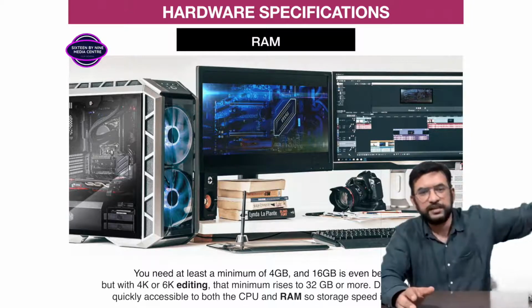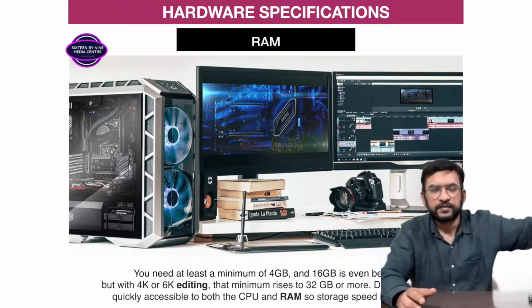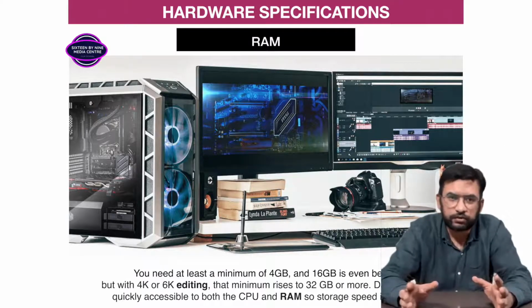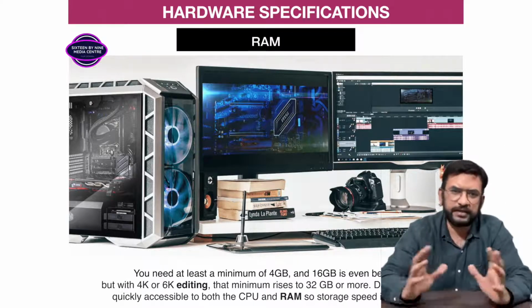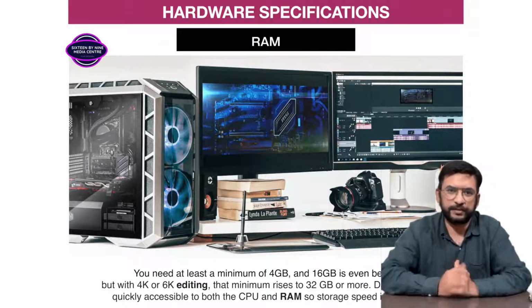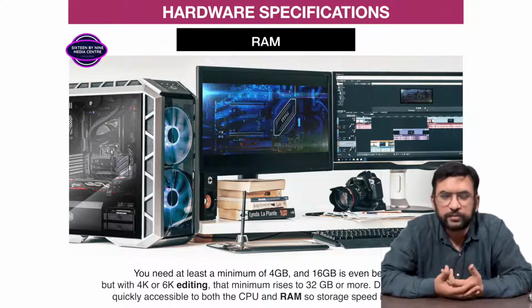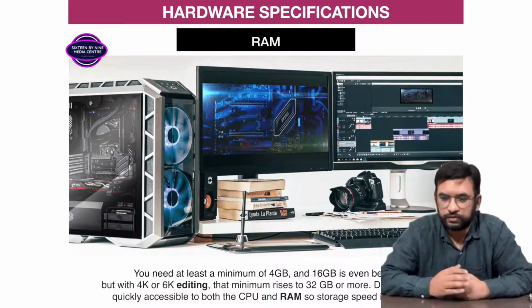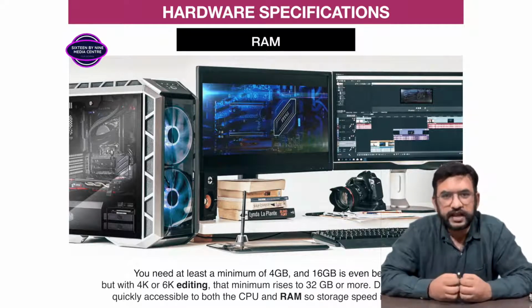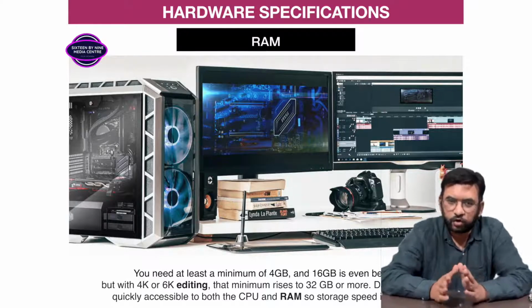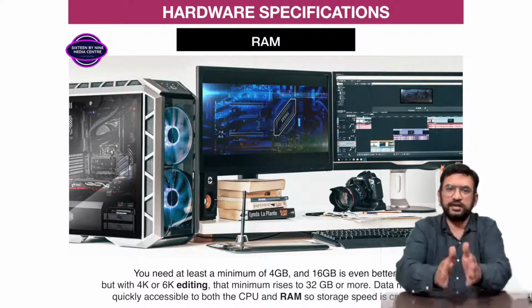I will not keep the whole timeline, with the whole RAM engaged in that timeline. In 4 GB RAM also I can edit perfectly smoothly. I hope you understand my point. It is not about the machine, it is not about the device, it is about how you use it. So if you have a smaller RAM, you make sure that you have total focus on only one task and a simple task.